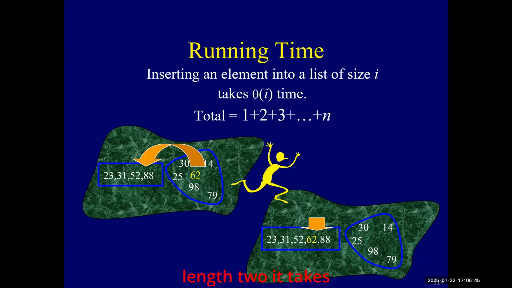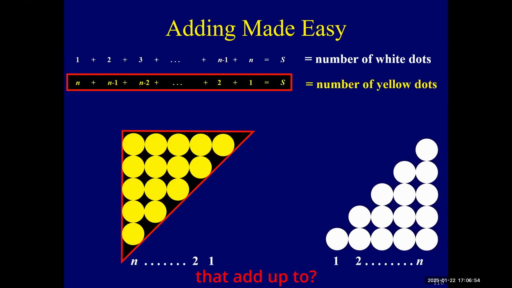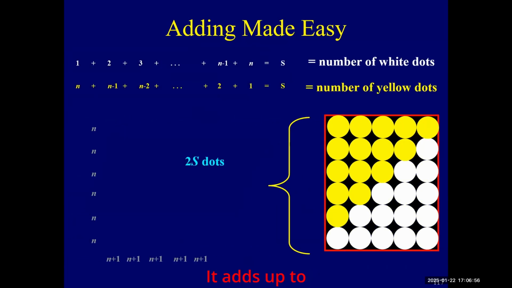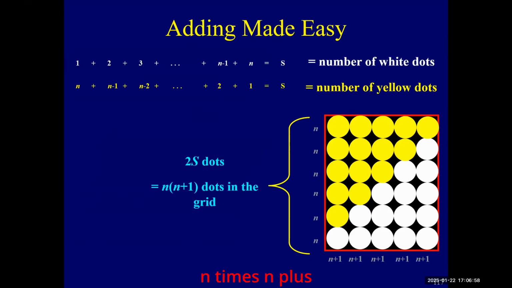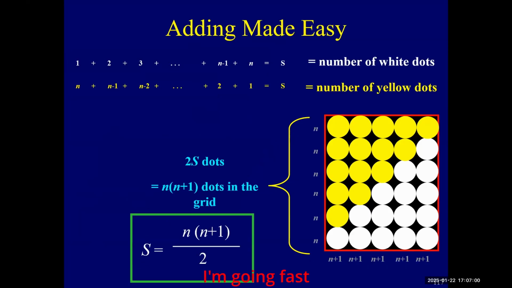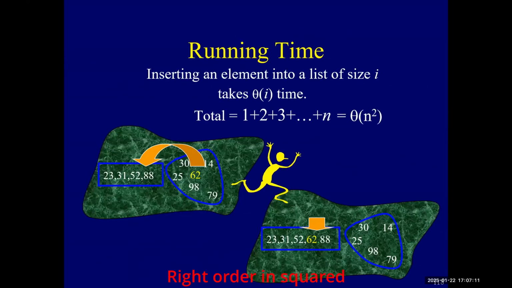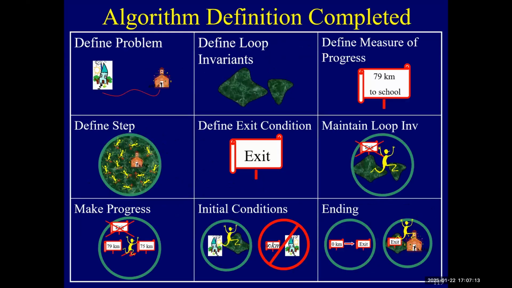It's of length 2, it takes me length 2. So the time is 1 plus 2 plus 3, right? And then what does that add up to? It adds up to n times n plus 1 over 2, right? I'm going fast here because you did this in 1019, and we will do it in 3101, and we're not doing it now, right? Order n squared, right?